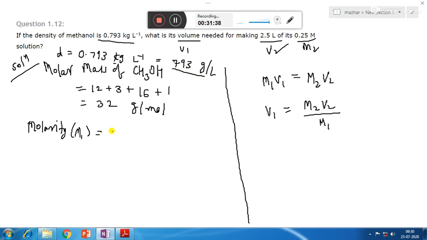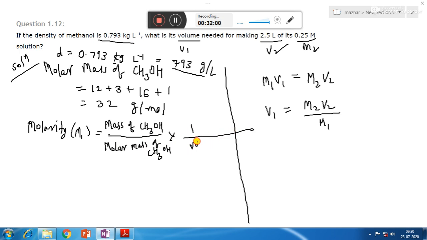Now the equation of molarity is mass of solute, that is mass of methanol, upon molar mass of methanol, into 1 upon volume of solution in liters. Here you can see that mass of methanol is in gram and volume of solution is in liter.